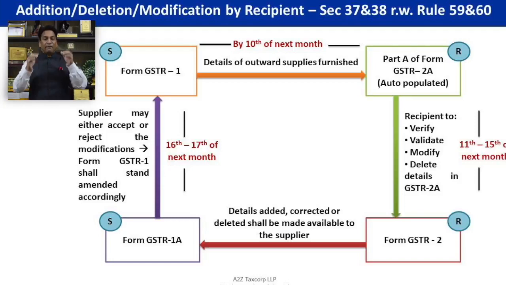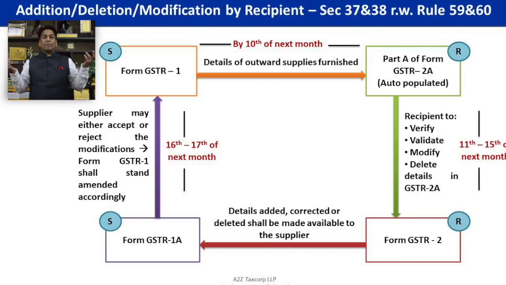If you have made any addition or modification pertaining to my supply, I can see it in my GSTR-1A. Then the option would be available to such supplier to agree with your addition or modification. If I accept whatever addition and modification was done by you while finalizing GSTR-2, then what happened? ITC matches between supplier and recipient.